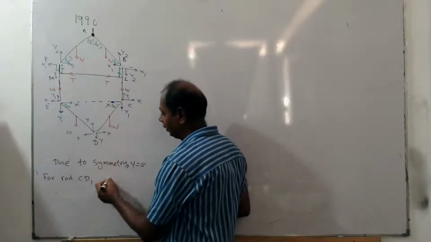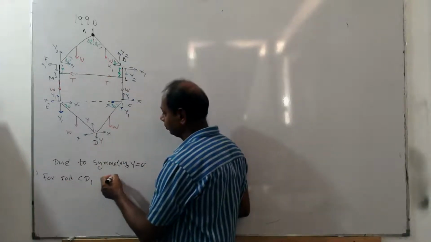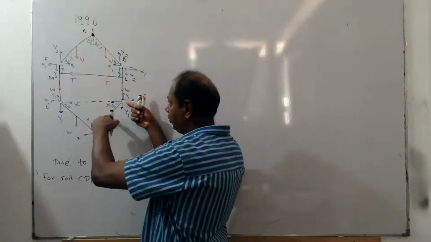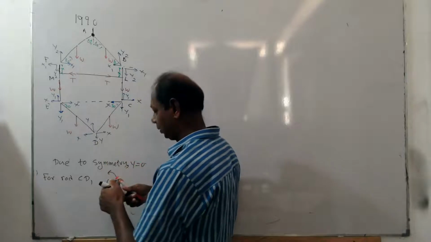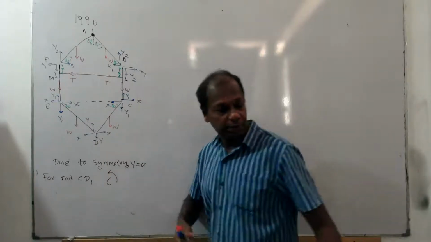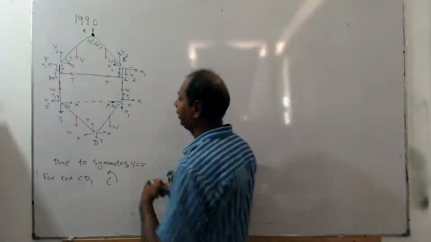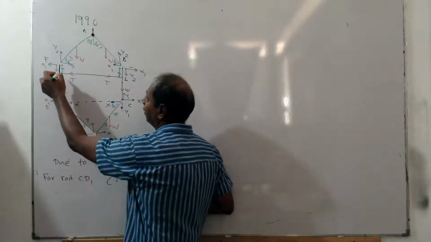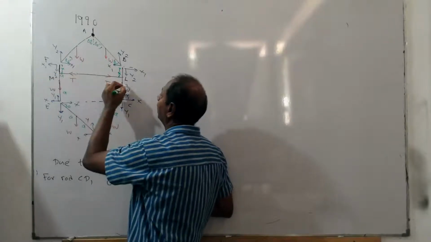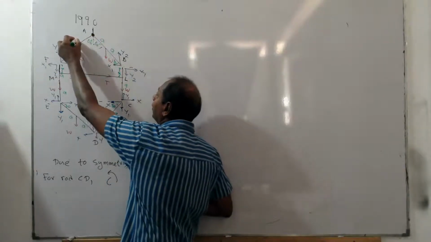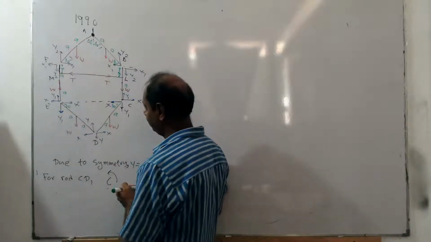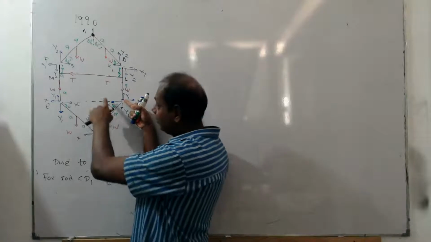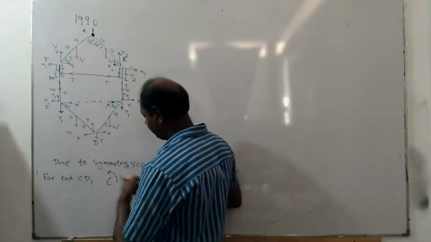We'll take moments about C. You get here it's positive W into, I'll take the rods of length, each of length 2A, everywhere. Now taking moments for CD about C, W into the distance is A cos 30.